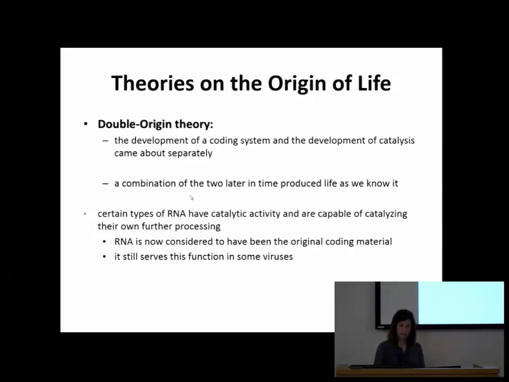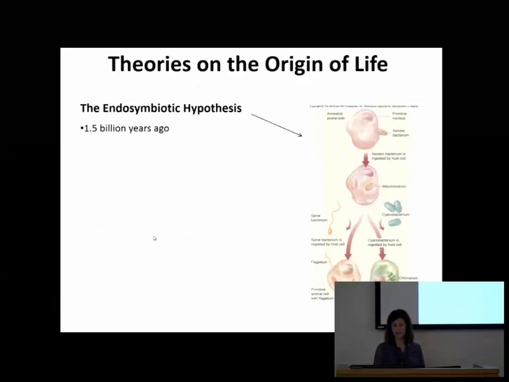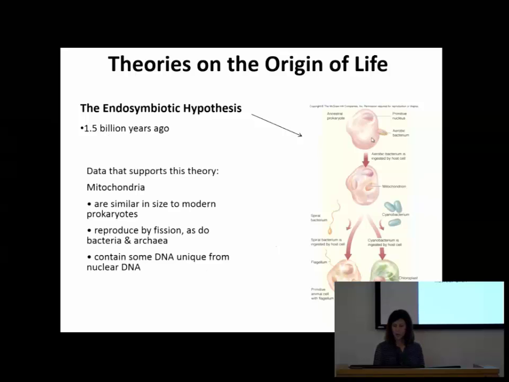This, I think, is so cool. The endosymbiotic hypothesis, and that's how eukaryotes got developed. It happened a long time ago. And what happened, and I want you to get the wording right, because the wording is really important here, is that we had a large prokaryote ingest an aerobic bacterium.